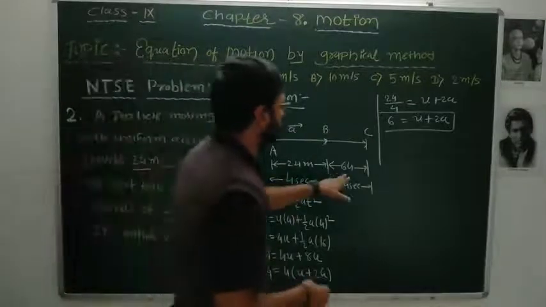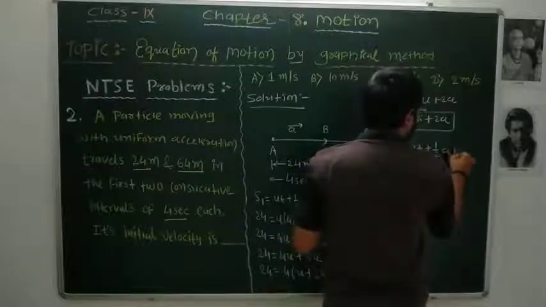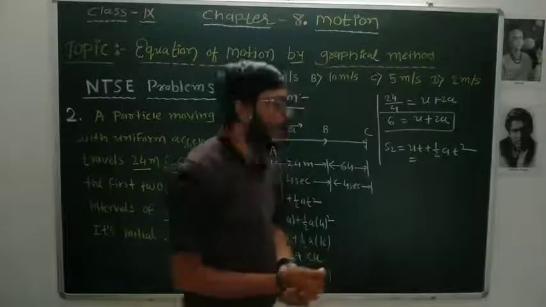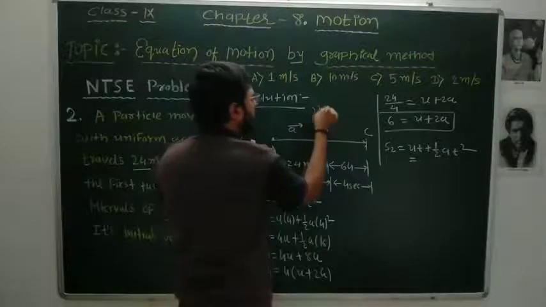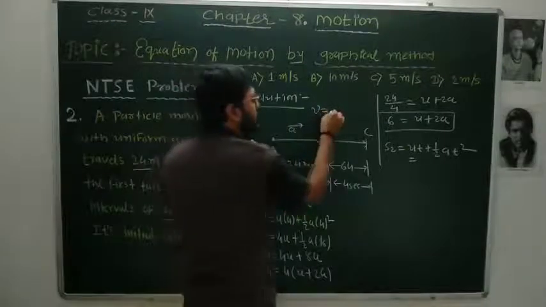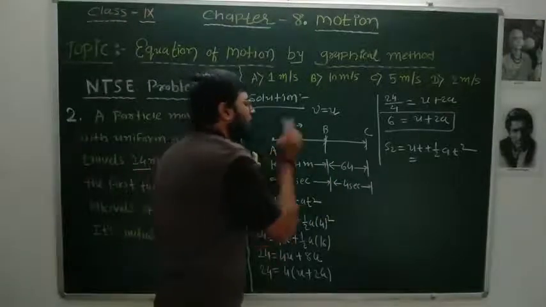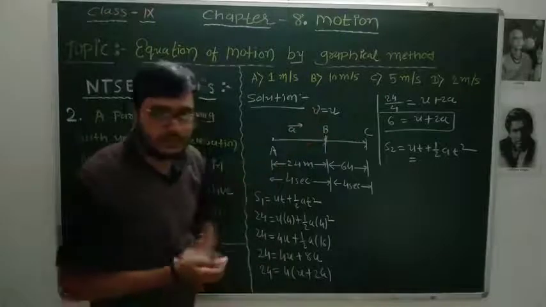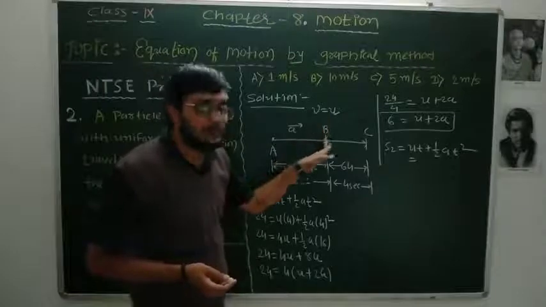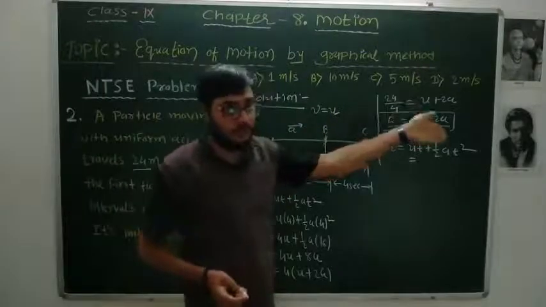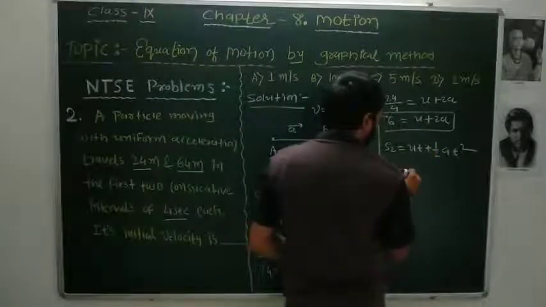Now we use the second equation of motion again, ut plus half at square, but here we don't know u at point B. We already know that at point B the final velocity of the particle is the initial velocity of the particle. When the particle moves from A to B, its final velocity v is the initial velocity at point B when it goes from B to C. So first of all we need to find the final velocity of this particle.